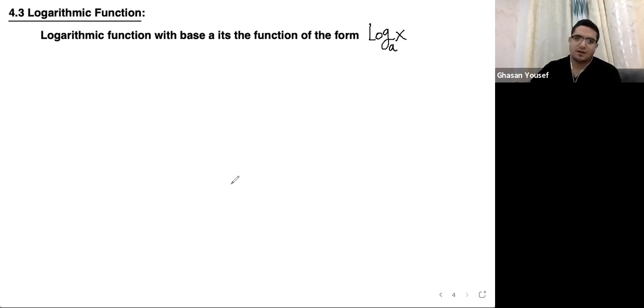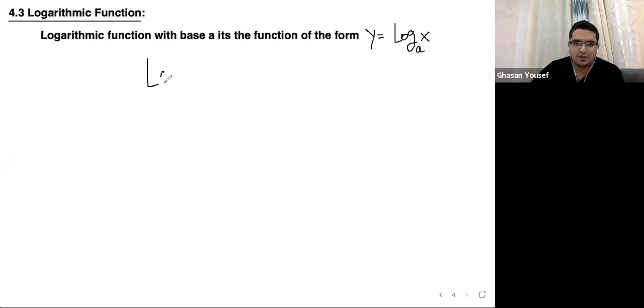Yes, exactly. Thanks. So I can say y equals log x to the base a, because this is a function. Thanks, Aisha. There is a relationship between the logarithmic function and the exponential function.